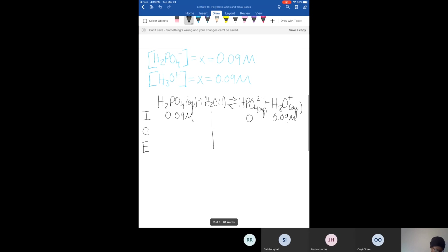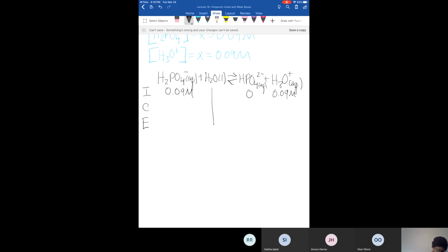And then it's going to be minus X. Here you have 0.09 minus X, plus X, plus X, and 0.09 plus X. When I took this course, I think I forgot that 0.09 is there. But it's there. Don't forget it.